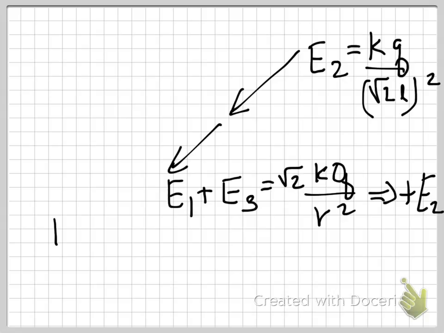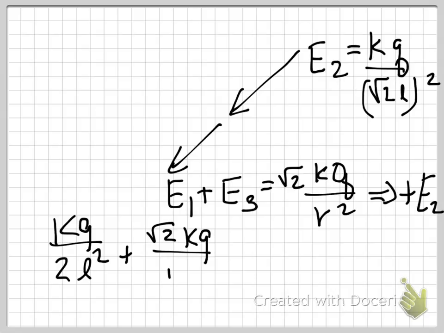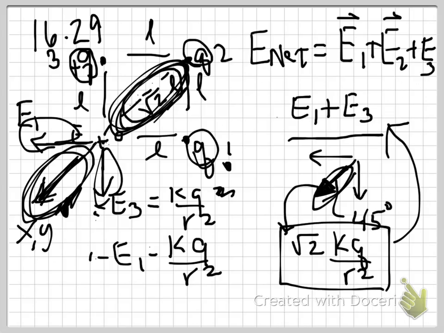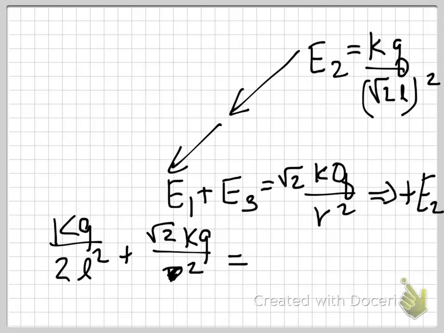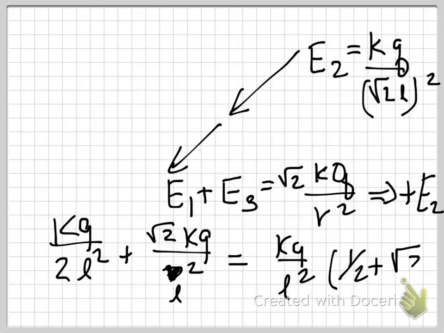So it looks like your answer is going to be kQ over 2 L squared plus radical 2 kQ over r squared, which equals kQ, whoops, this r is L, and if I go back to this page, it's the side length, so it's either this L or this L. Again, very busy, so we can cross off the r and make that be L. So it looks like a common factor is kQ over L squared, and we have 1/2 plus radical 2.